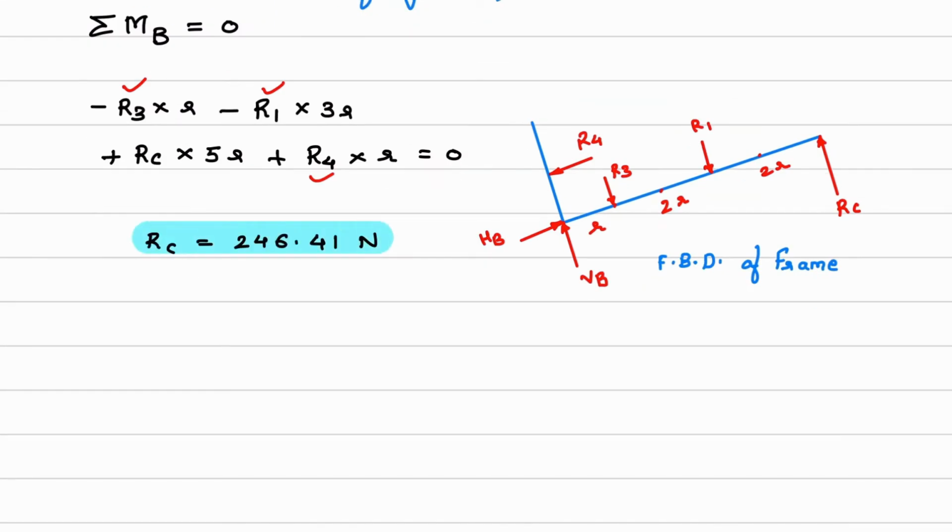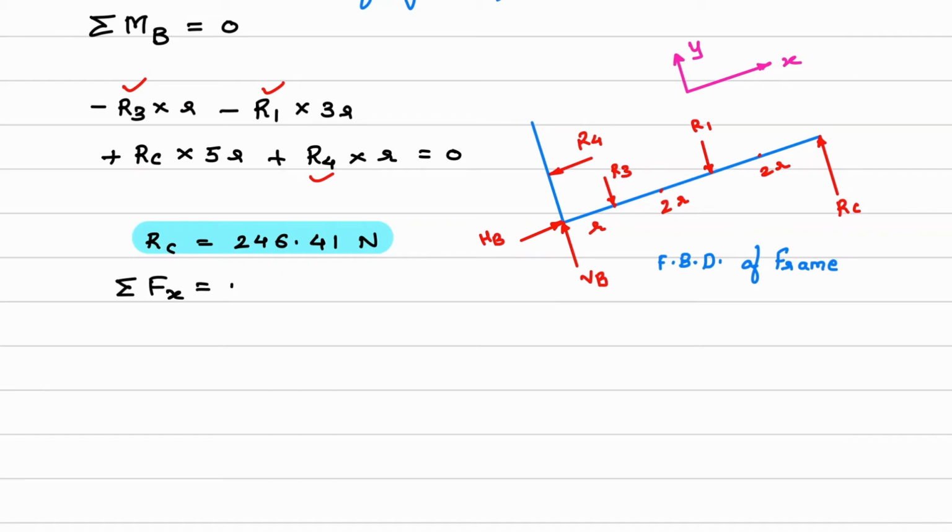Next we will consider to calculate HB and VB, summation Fx equal to 0 and summation Fy equal to 0. Now understand the x-axis and y-axis in this case. We will consider along this side x-axis and this will be y-axis. So I'll write down summation Fx equal to 0.